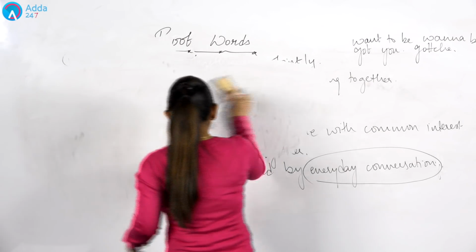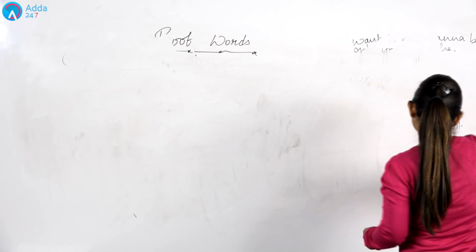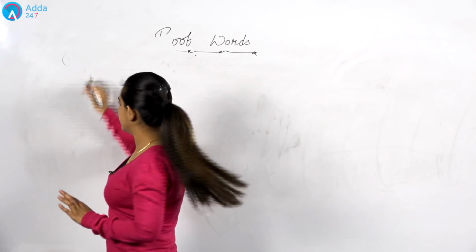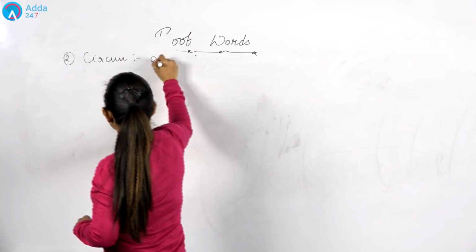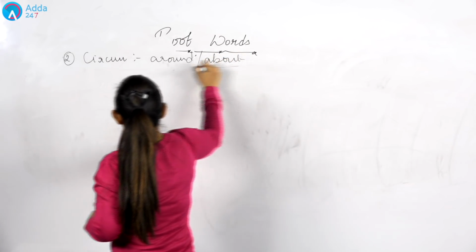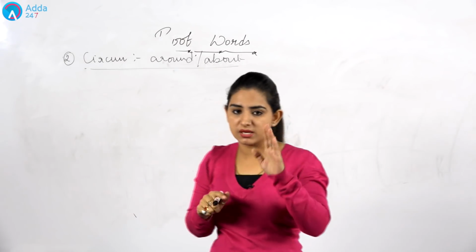Moving further, we have another root word, that is circum. See, circum is a word that can be used in any language, right? So circum says when you talk about something around or about. Around or about, that means around you, surrounding you, is what we mean by circum.